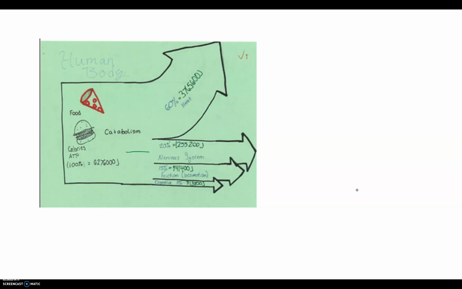Another 20% of that is supporting the nervous system. 15% of that is going into friction or motion. And then this last one, I think that might say digestive. So that's how much energy they're using actually digesting the food.